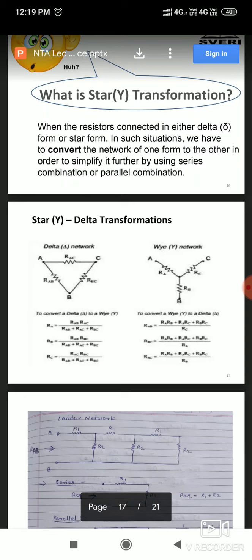Star is also called Y, and the transformation is also known as Y delta transformation or star delta transformation. To solve problems, sometimes we need to convert delta into star or star into delta. So how to convert is given here.